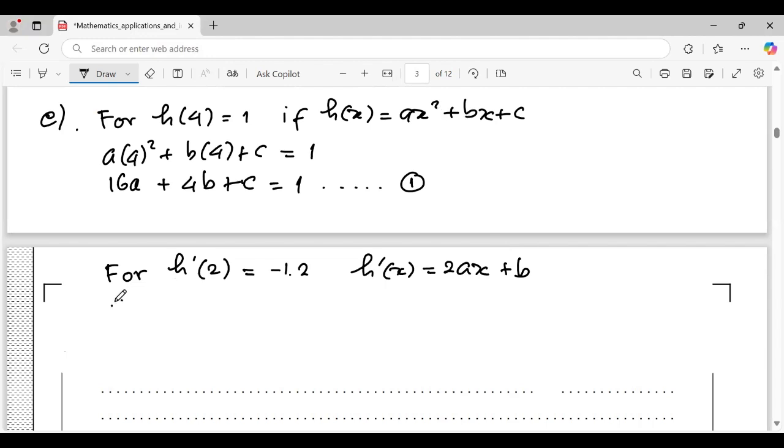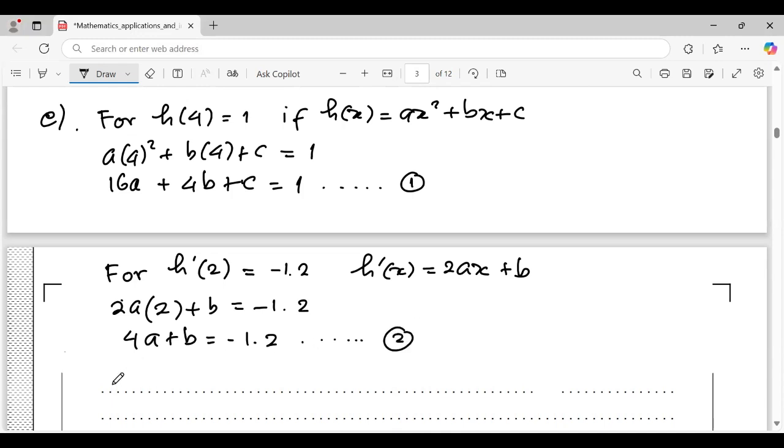So it means 2a times 2 plus b equals minus 1.2. So it means 4a plus b equals minus 1.2. This is the second equation.